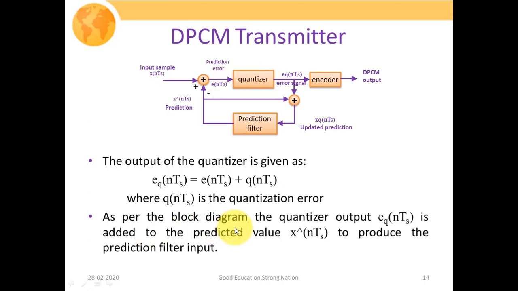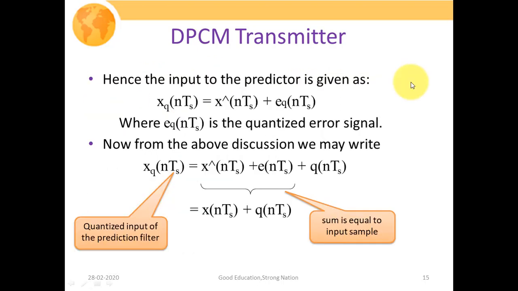As per the block diagram, this quantizer output e_q of nTs is added to the predicted value x cap of nTs to produce the prediction filter input. Hence the input to the predictor is x_q of nTs, equal to the predictor output plus the quantized error signal, where e_q of nTs is the quantized error signal.